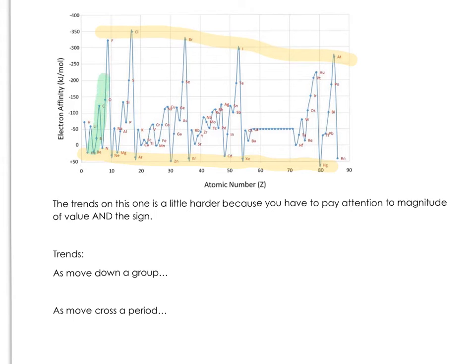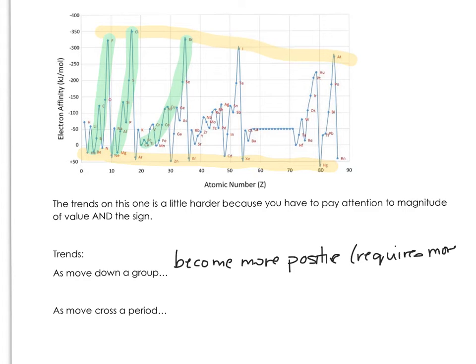as you move across a period, it goes up. And as you go down a group, it goes down. So as you move down a group, it becomes more positive. So it requires more energy to add an electron.